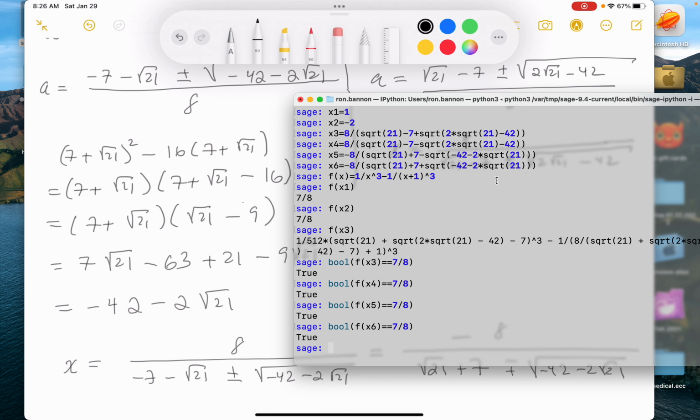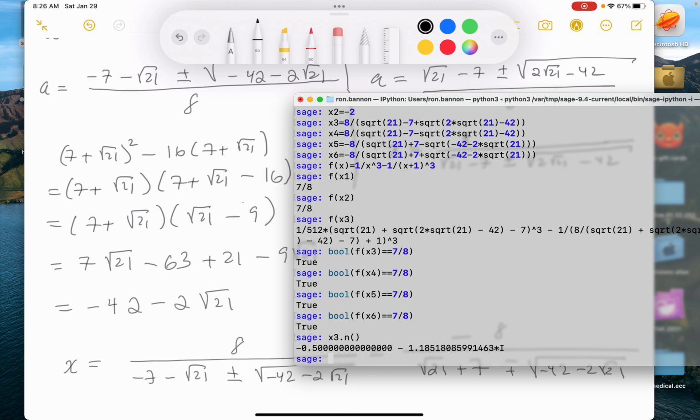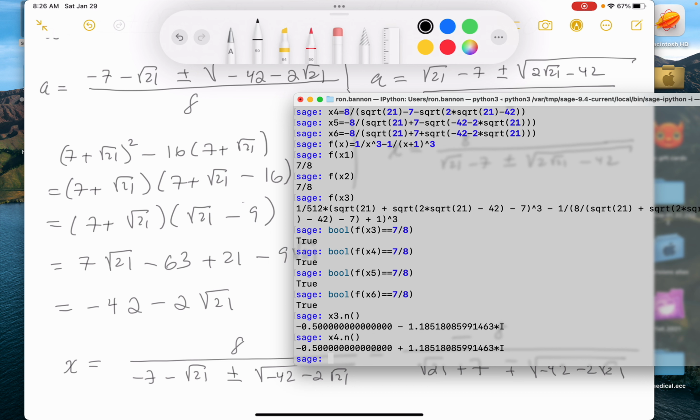Now, certainly, I want to emphasize that x3 is complex. So I'll put this down over here, and I'm going to approximate it to show you that it's complex. And you're going to see the letter I in the problem now. So if I do that, clearly you see I. I want to do x4 and show you that's complex. We've already discussed that. And I get that over there. Now, what do you notice about those?